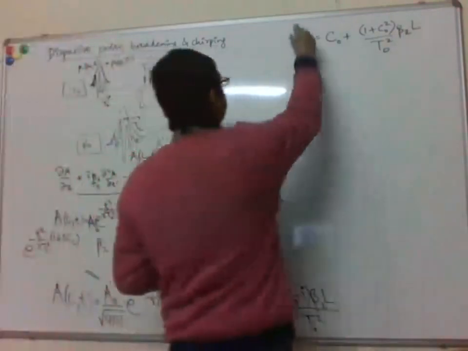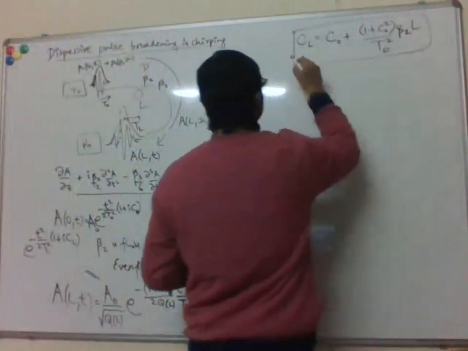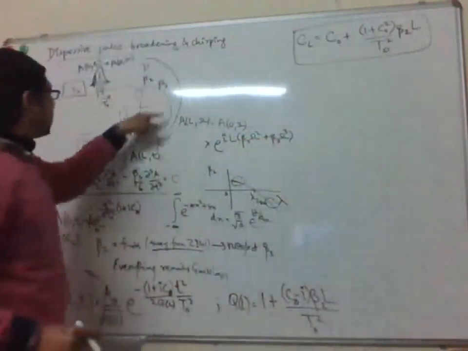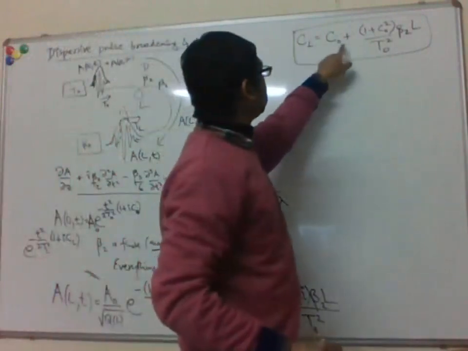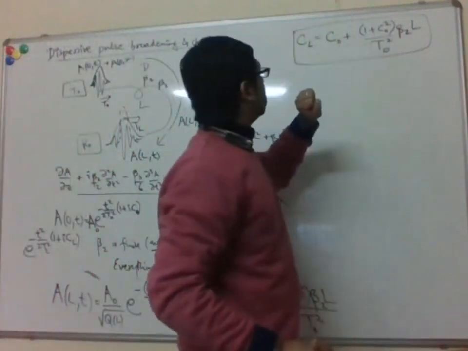Okay, so that's the chirp at the output after propagating the fiber of length L. Right, the output chirp looks like that.